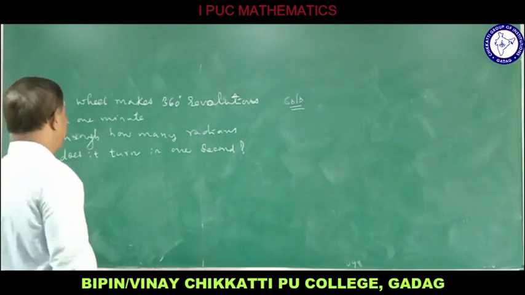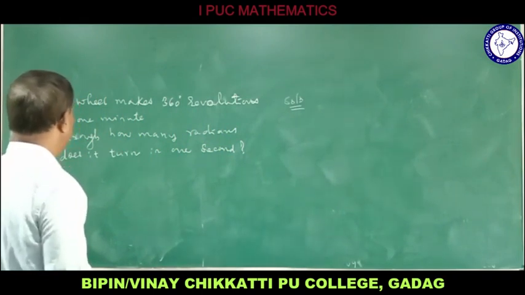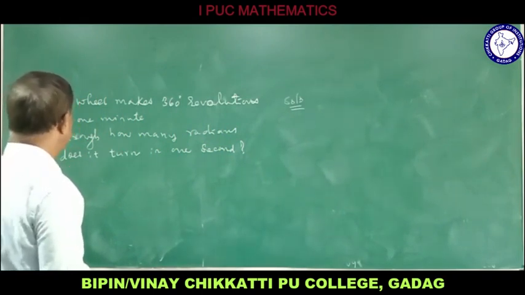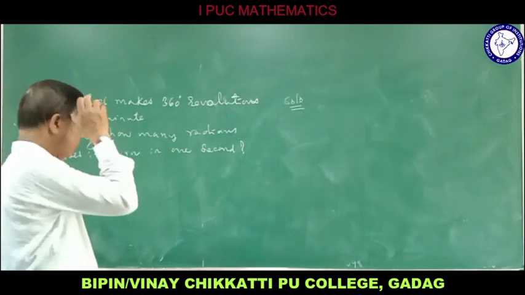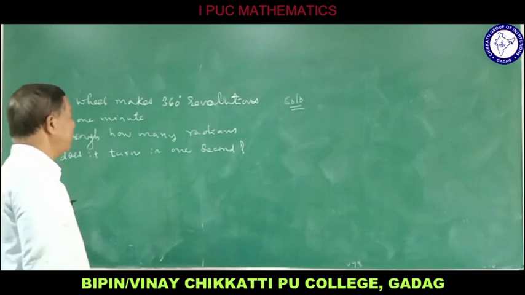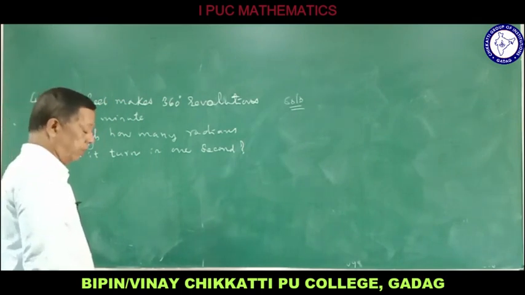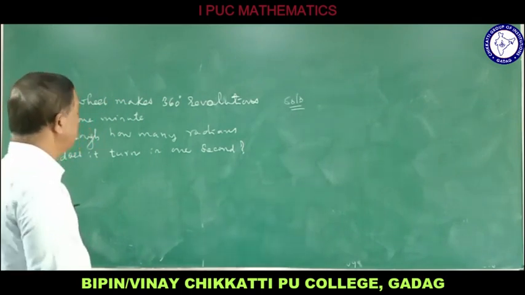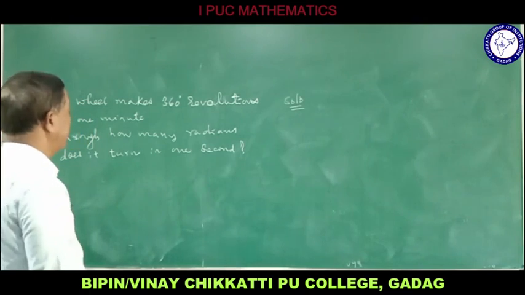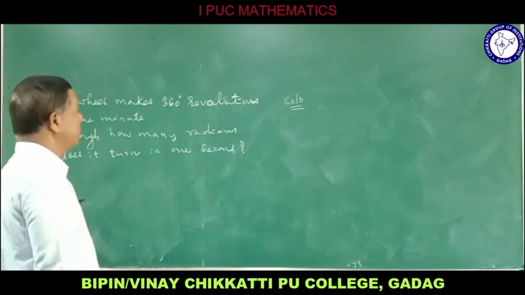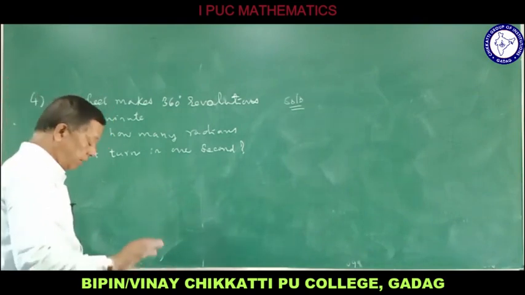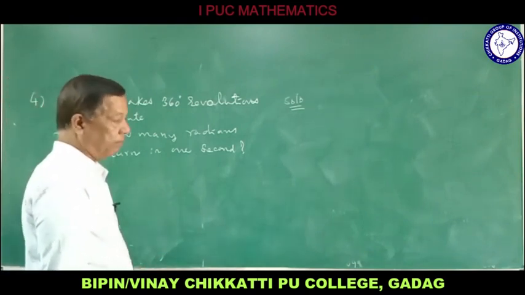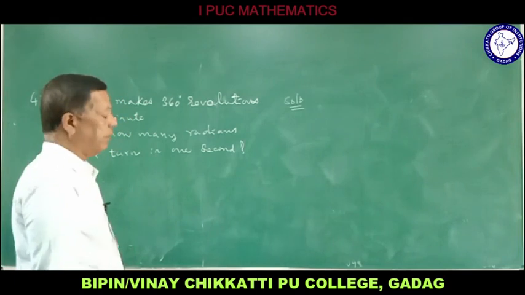But the question is, how many radians does it turn in 1 second? So how many radians, that is the angle made by that revolution. First of all you have to see how many revolutions in a second. In a minute 360, but in a second that we have to find out.